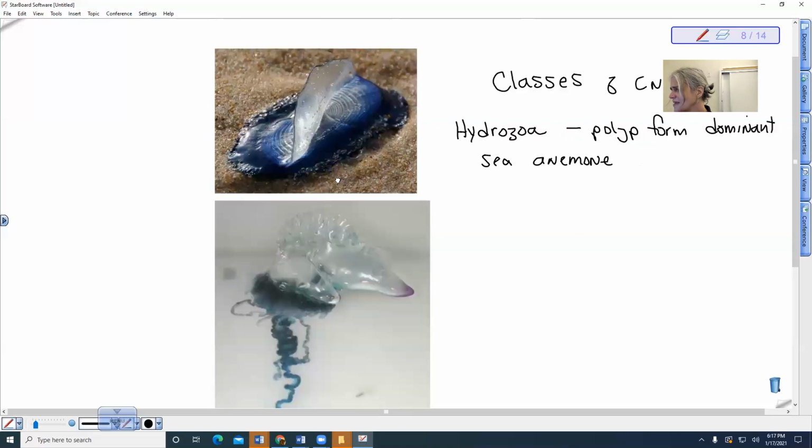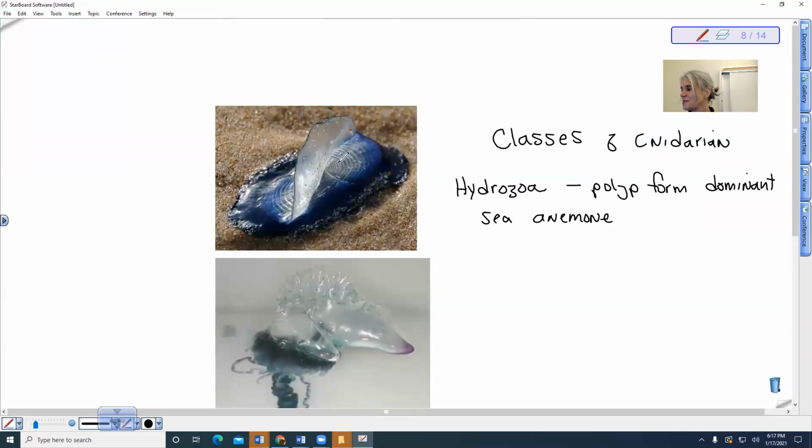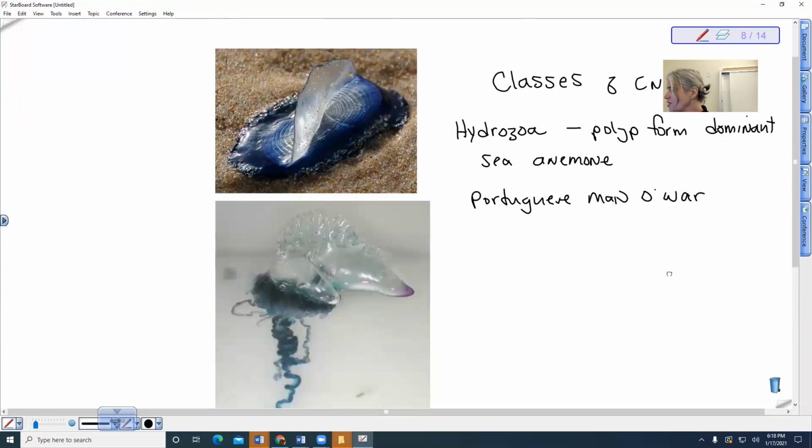You might see this one. I put this one in here because last time I went to the beach, maybe a couple times ago, the Oregon beach was covered in these. And the Portuguese man of war is actually a colony of polyps. It is not a medusa. This is the float.